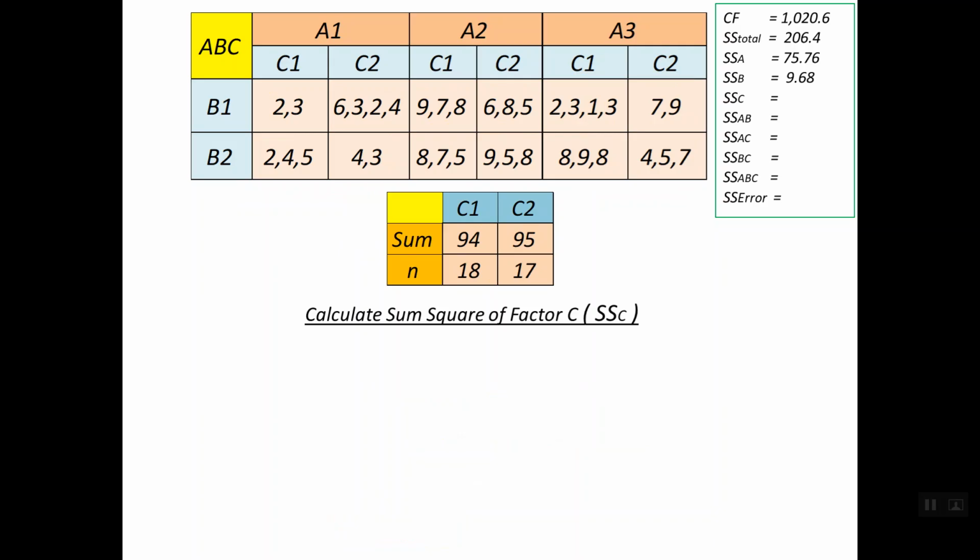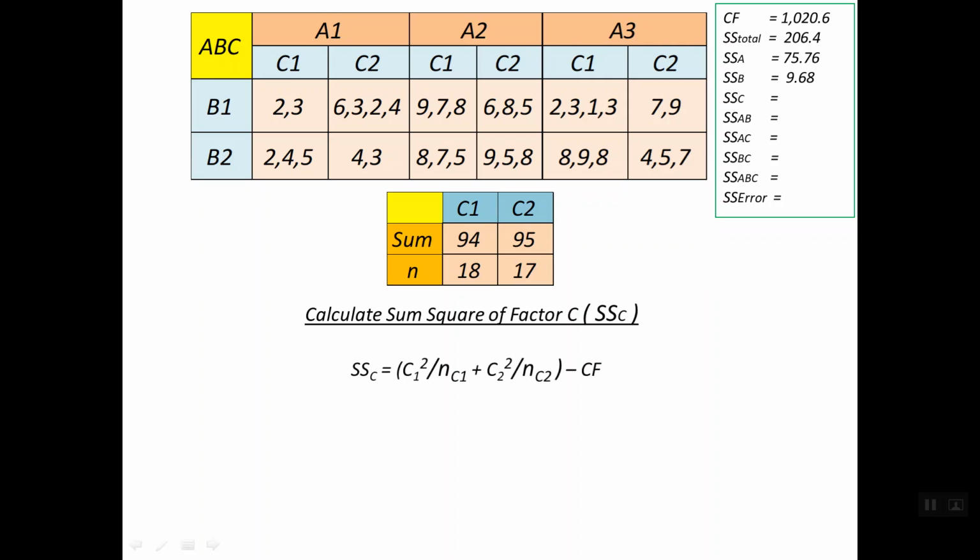So if you compare SS for factor A and SS for factor B, you see that SS for A is significantly greater than SS for B. So the chance for factor A to reject the null hypothesis is greater than factor B. Okay, regarding the third factor, which is factor C, the same technique.